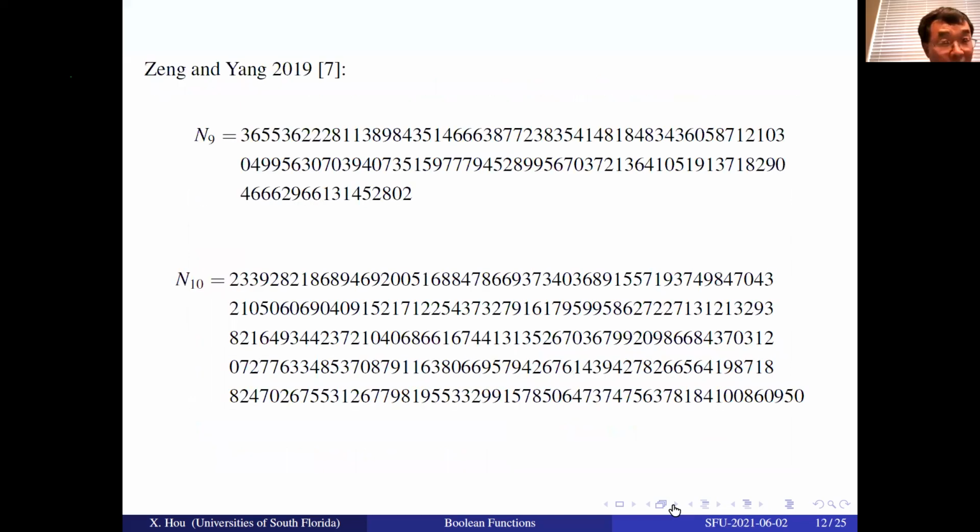In the same paper, they also computed N9 and N10. I guess if they want, they can continue on. So these are the known numerical values.